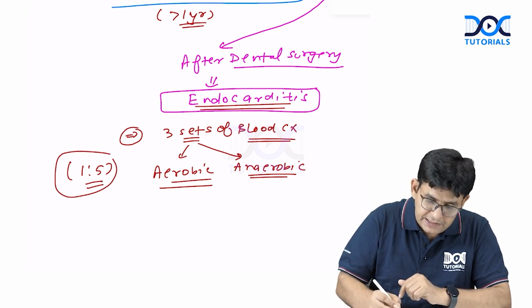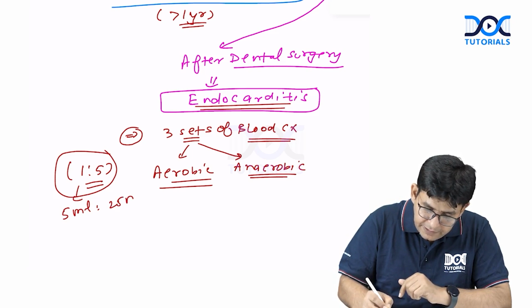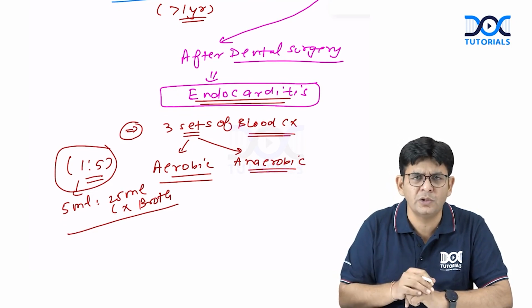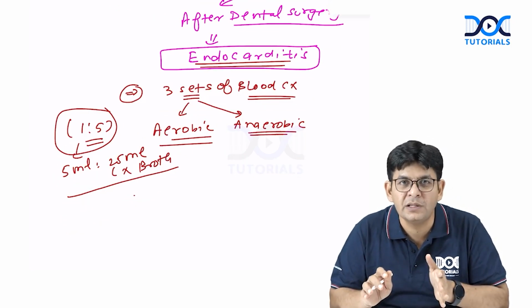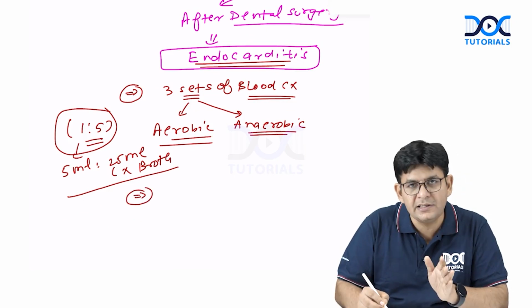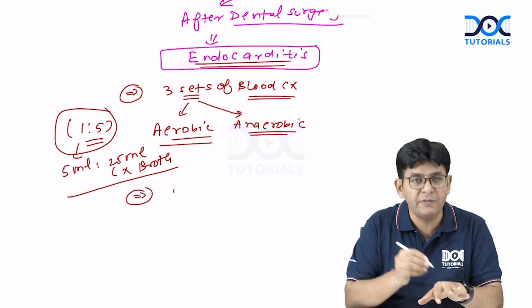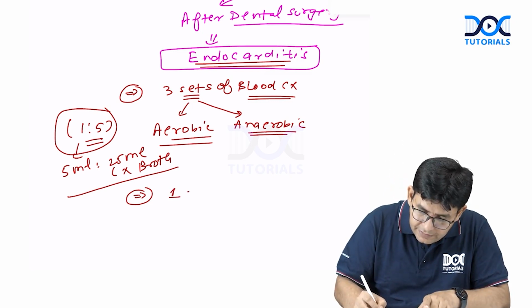The ratio means if you are taking 5 ml of blood, then you take 25 ml of culture broth. And the culture broth can be what? BHI, brain heart infusion broth. It can be glucose broth also, but BHI is preferred. 3 sets means in total 6 bottles. And preferably this blood should be taken from different sites, 1 hour apart.